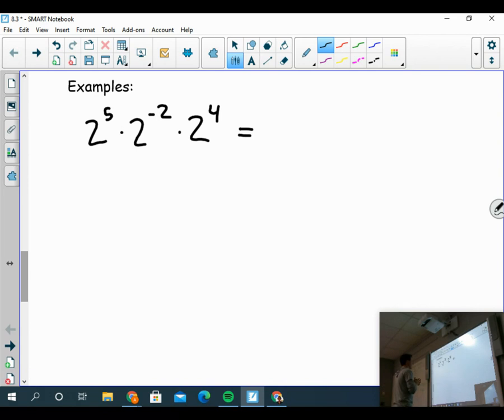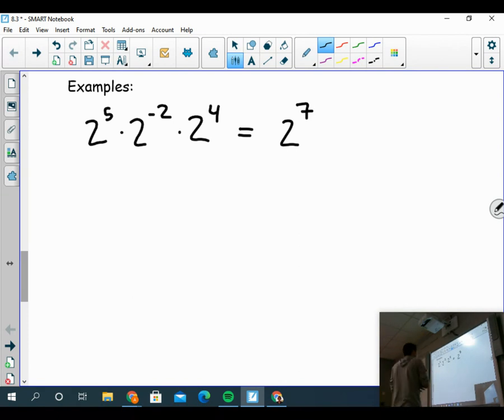That's the fancy term for the definition above. So here I can use the rule that I have learned. And what am I going to do? Well, I am simply going to add the exponents. So 5 plus negative 2 will be 3. 3 plus 4 will be 7. And again, we can see here that my answer is 2 to the 7th.